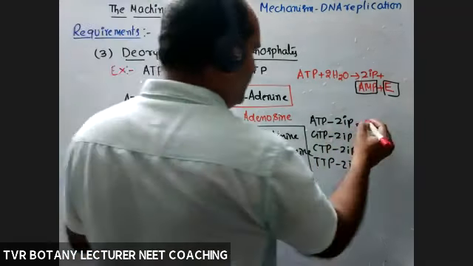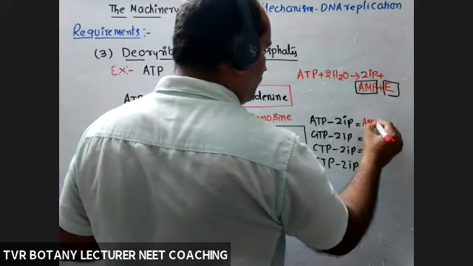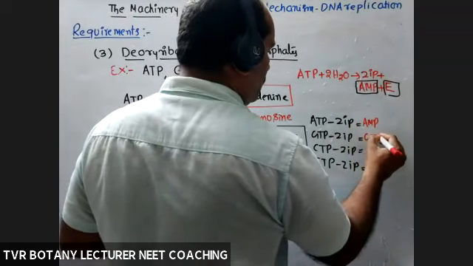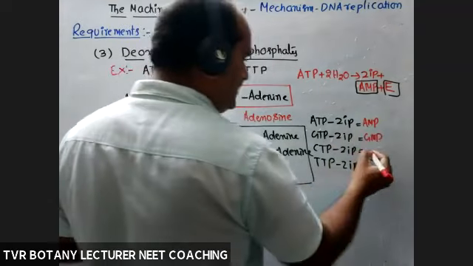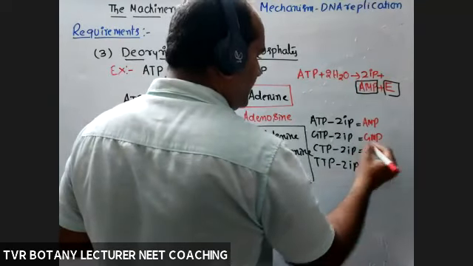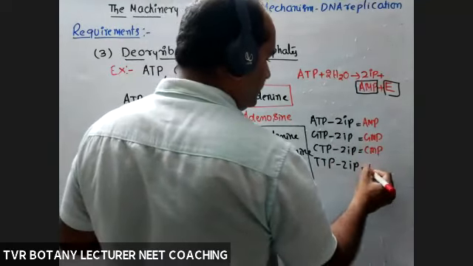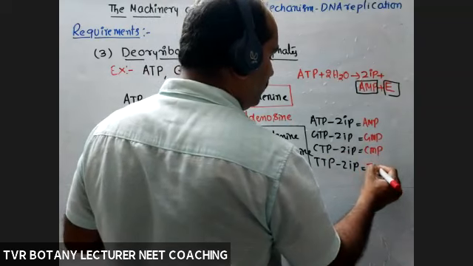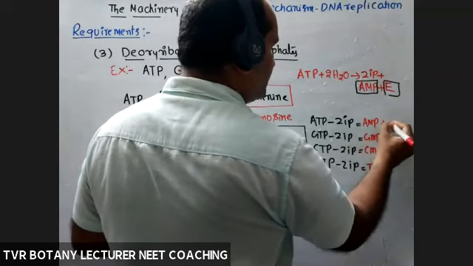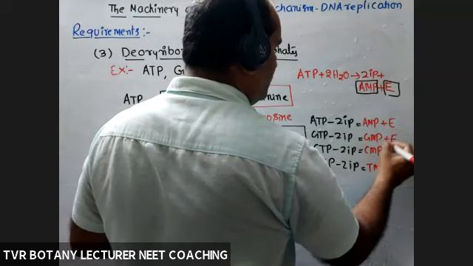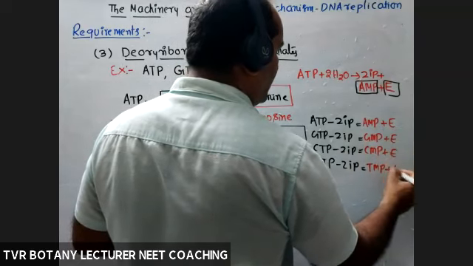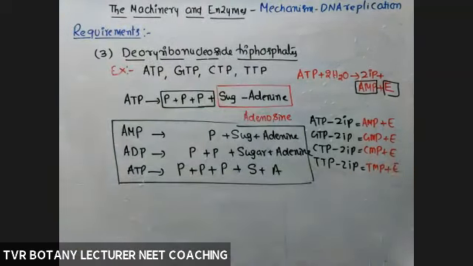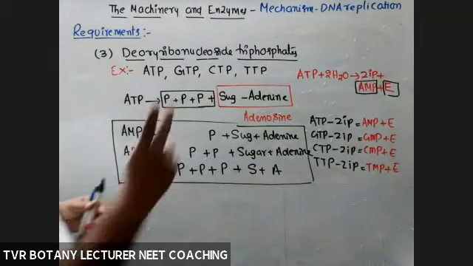Simply, I'm giving AMP, adenosine monophosphate, GMP, guanosine monophosphate, CMP, cytidine monophosphate, thymidine monophosphate, plus energy. So now you can understand the role of deoxyribonucleoside triphosphates.